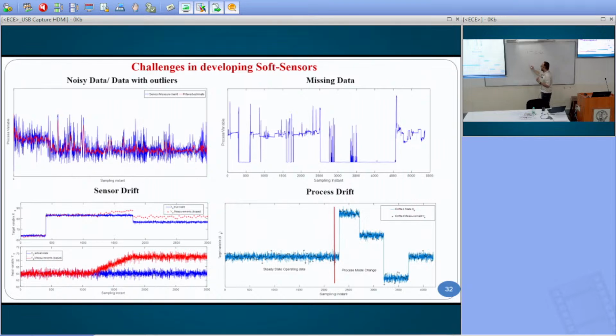So initially, let's suppose this is the actual true plant data, and your predictions are showing somewhere here. As and when you get this measurement data, this error is there.